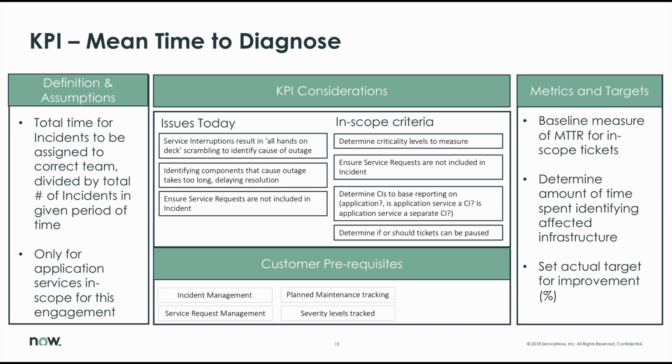You can also determine your own rules for whether tickets should be paused, and many customers have their own reasons for pausing the timing. Set a target for improvement. So if your time to diagnose for a critical incident is a number of hours during your baseline, you can say we want to reduce that by a certain percentage.